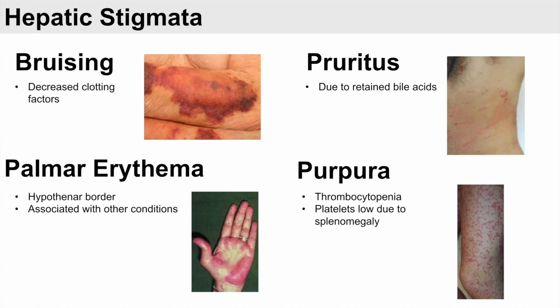The spleen can take care of and degrade platelets and red blood cells. When we have an enlarged spleen, it can start to degrade too many platelets. We then get a thrombocytopenia, which can lead to petechiae or purpura in these patients.